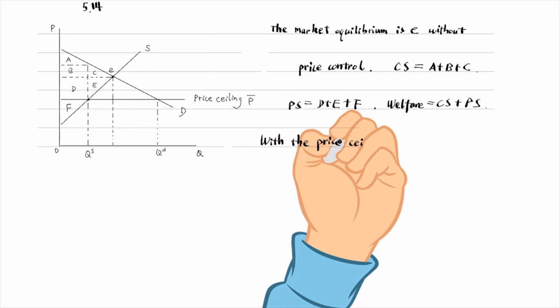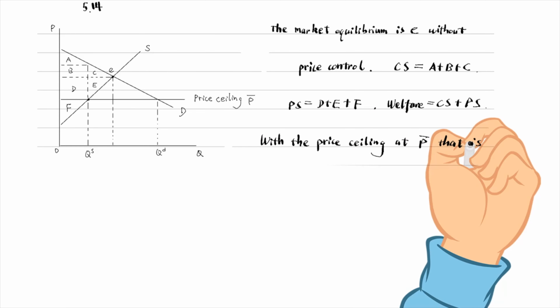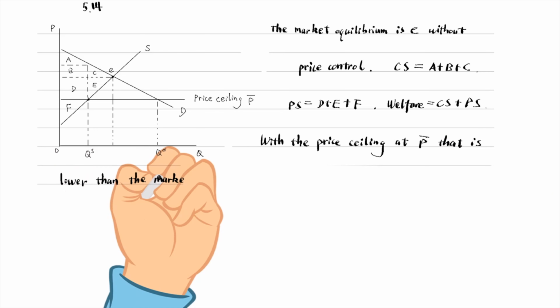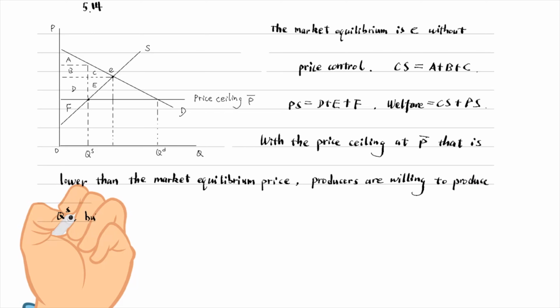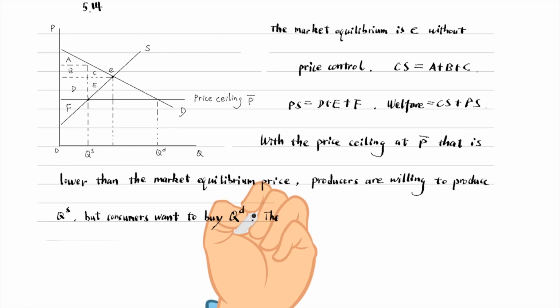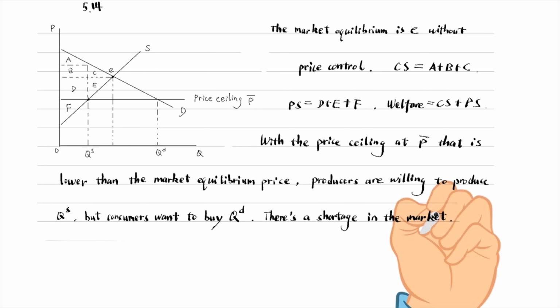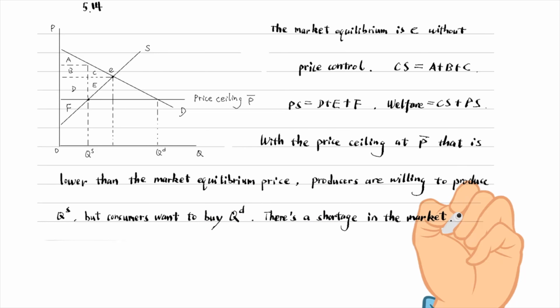With the price ceiling at P bar, that is lower than the market equilibrium price, producers are willing to produce QS, but consumers want to buy QD. There is a shortage in the gasoline market.